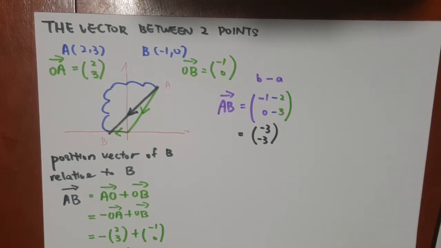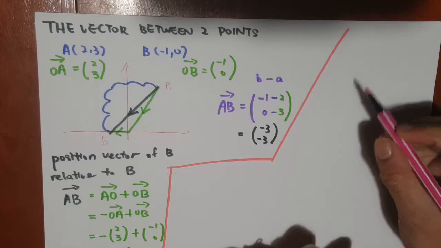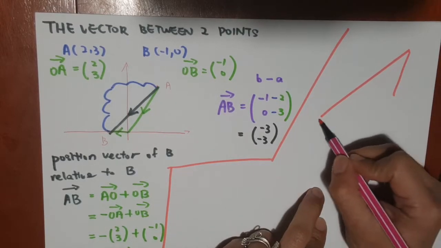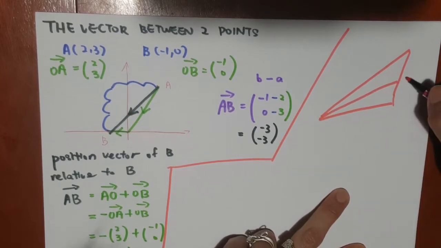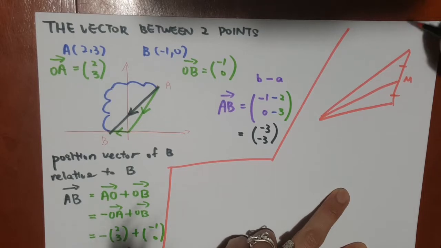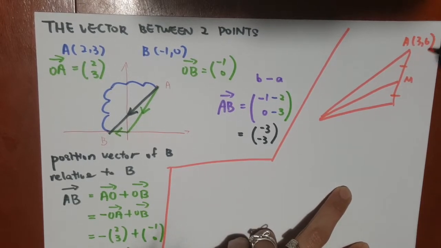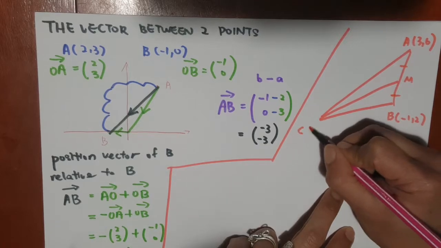So what if we have a question like, let me just take another colored pen. Let's say we have a triangular looking thing with M, A, which has a coordinate, B has also a coordinate, and C has also a coordinate.